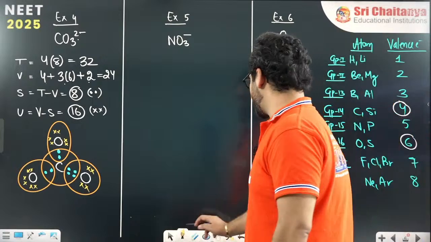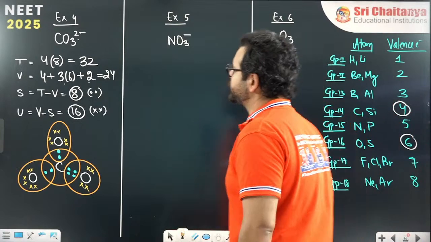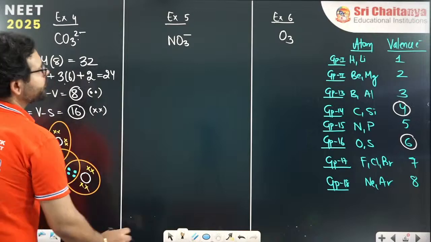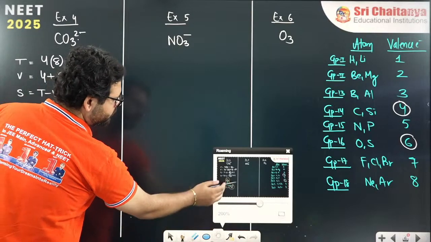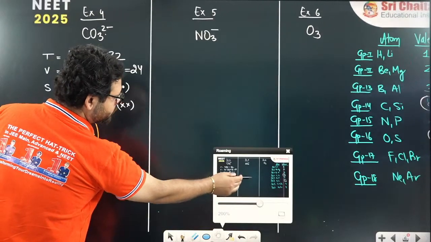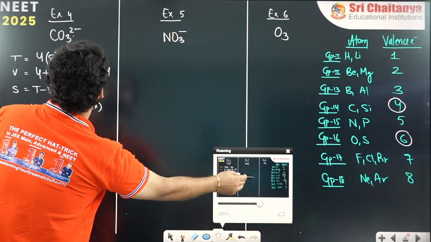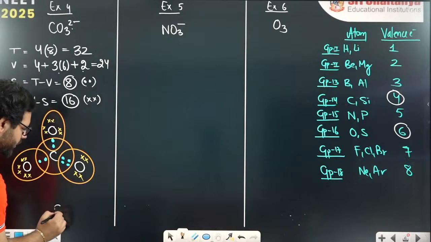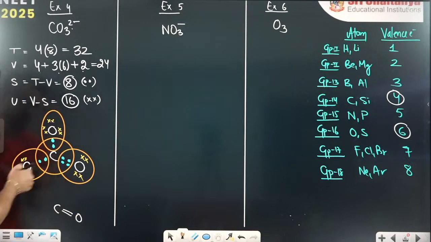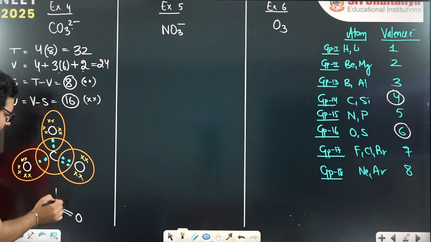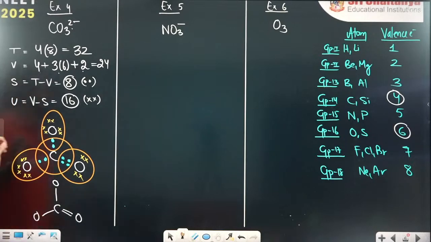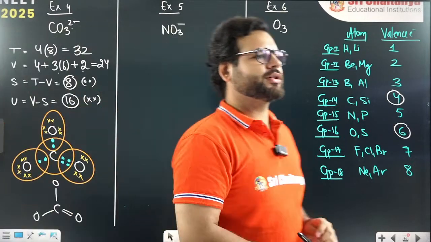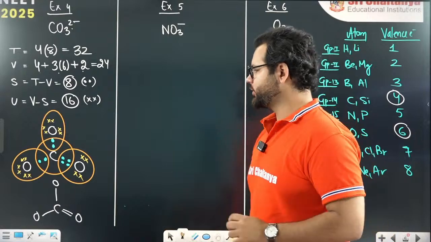So the structure becomes like this: carbon, double bond oxygen, single bond oxygen, single bond oxygen.